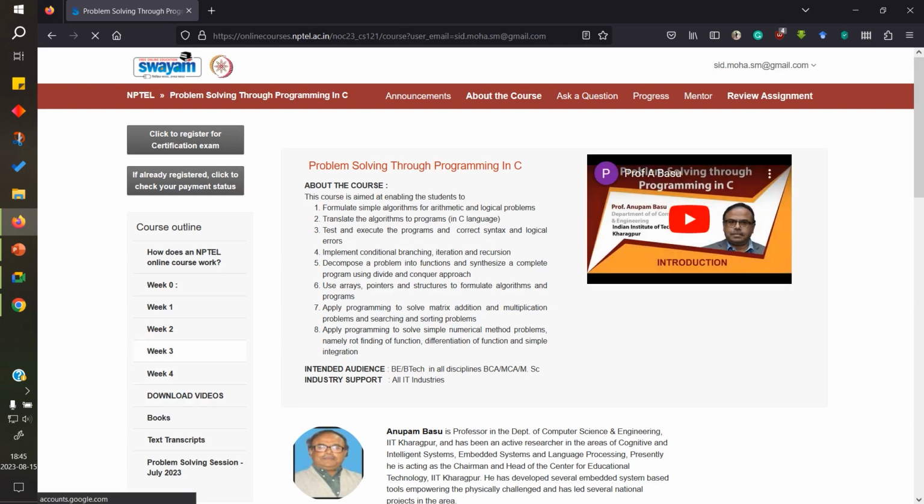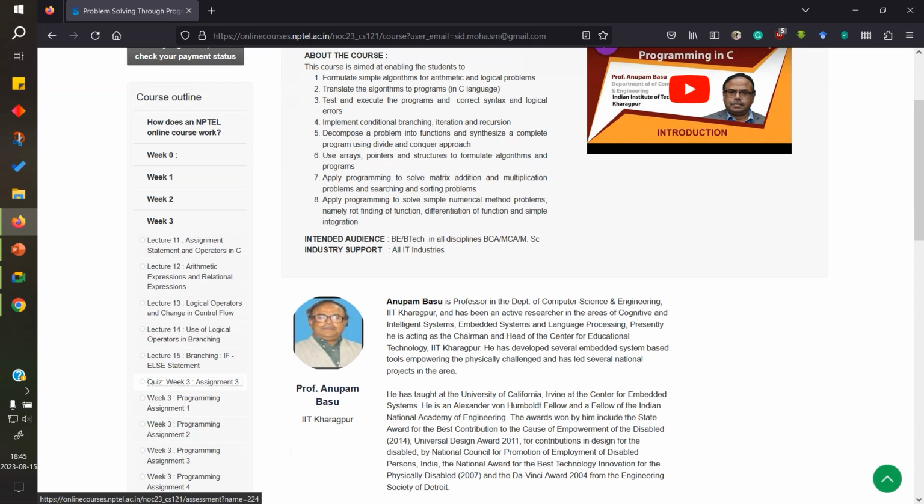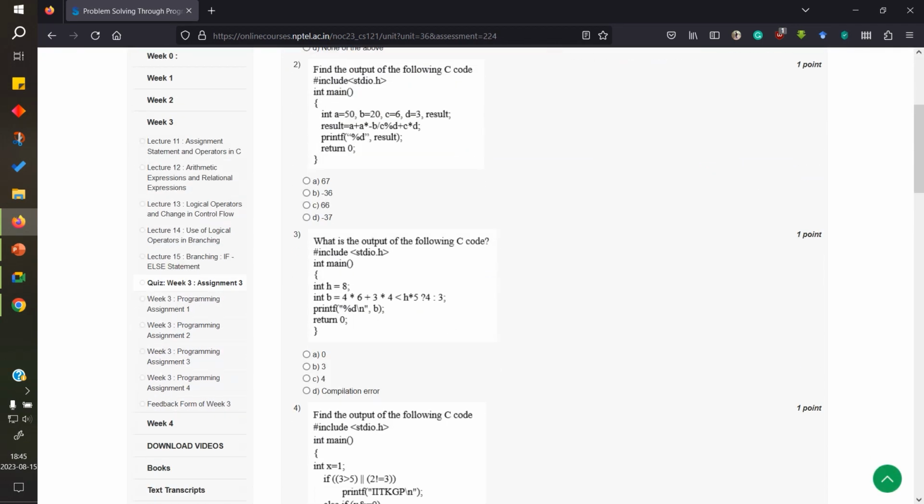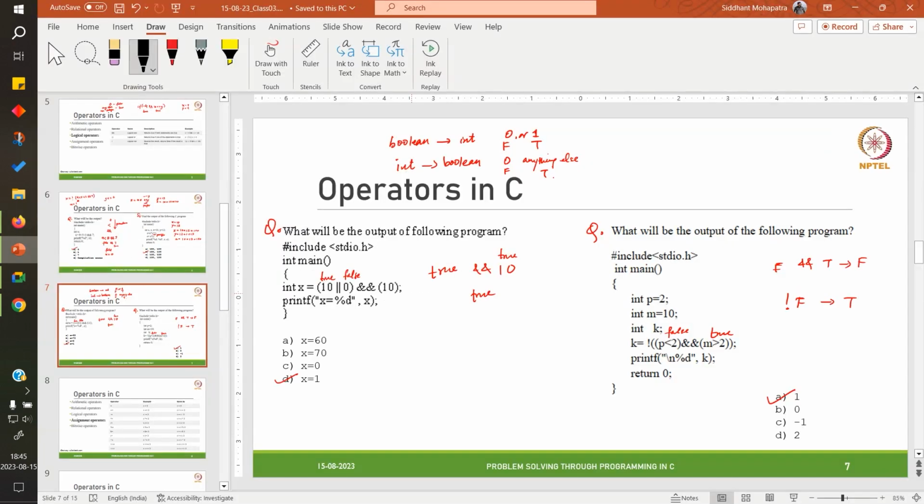Sir, I have doubt in the expression in assignment 3. Okay, which question can you just tell me? The third question. Wait a moment. What is the operator that you have? The ternary operator, the question mark and the colon. Okay, we'll look at that.